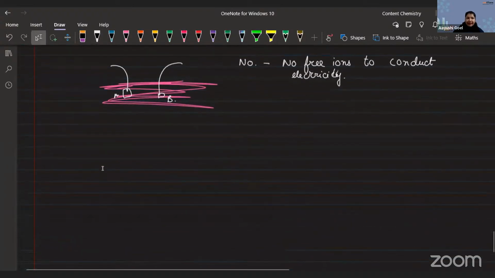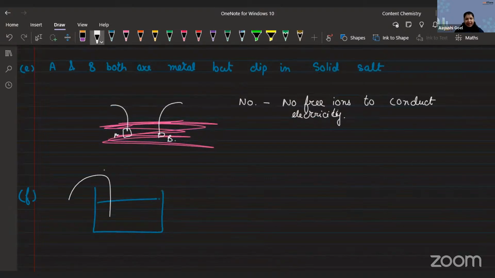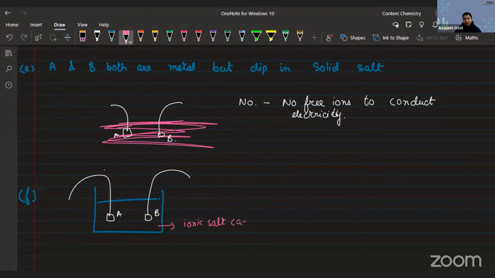Instead of that, if I take their aqueous solution, with water and salt, and dip my A and B here, then they will conduct electricity. In an aqueous solution we have free ions, and this shows that ionic salts have ions present in them, so they can conduct electricity.